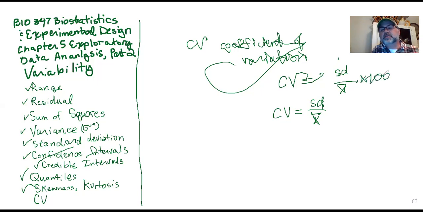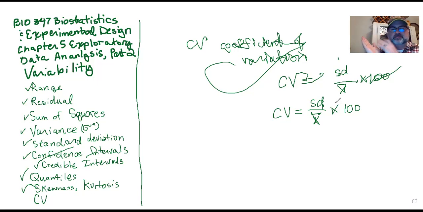And then you multiply that number times 100. So standard deviation divided by the mean scales it, and that's why you can use it to compare apples and oranges in variability.